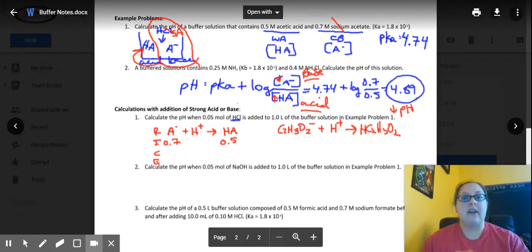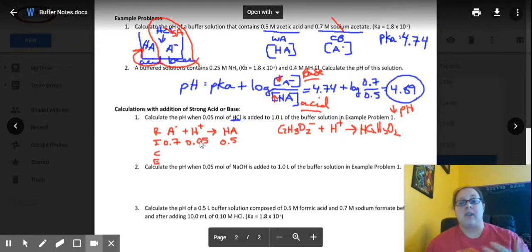So what is molarity? It's moles over liters. So we would take this 0.05 moles divided by 1 liter, and that would give us our concentration, which, because it's 1 liter, makes our math nice. It will be 0.05 molarity. Remember, everything in here is going to be molarity. So now, what's going to happen?